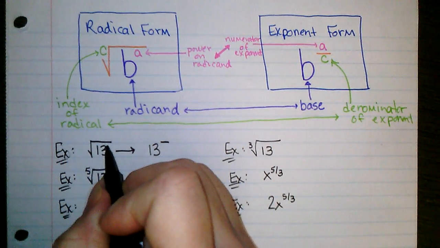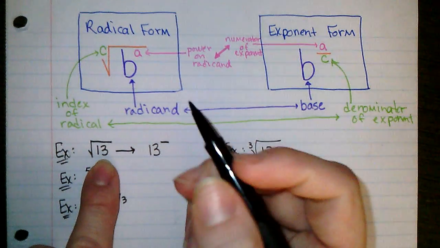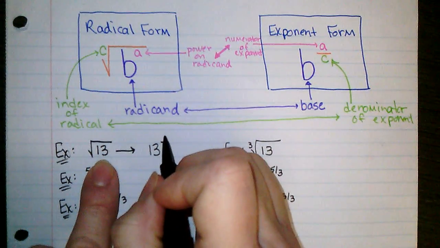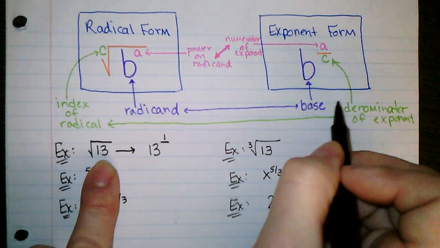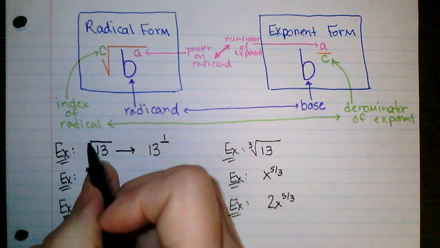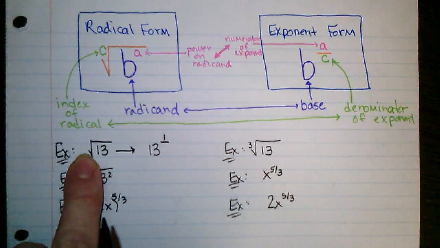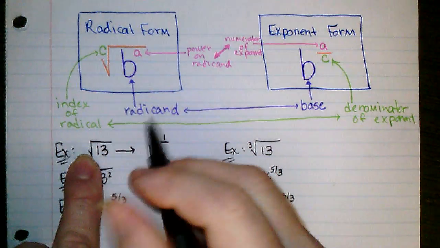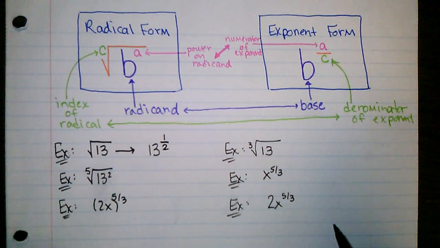So what power do we have on this 13? If there's not one written, we assume it to be a 1. So the numerator will be a 1. The denominator of the exponent comes from the index of the radical. So I look in the index of the radical here, and there's no number there written, which means it's a square root. So the index is 2. So this would be 13 to the 1/2 power.